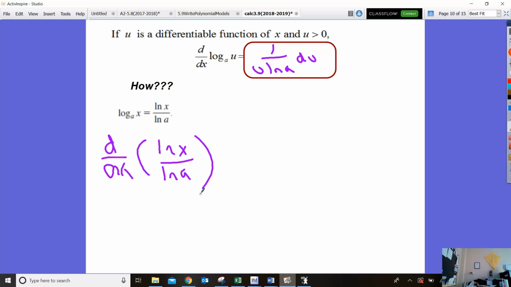How do you take the derivative of something like that? Use the quotient rule. Do the natural log of a times the derivative of the natural log of x. What's the derivative of the natural log of x?